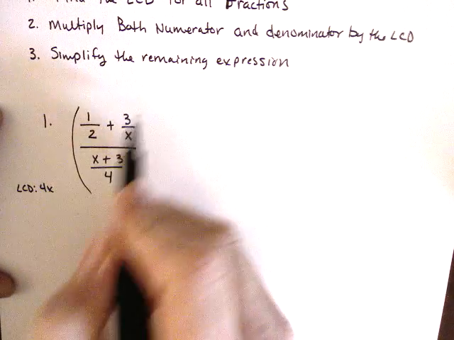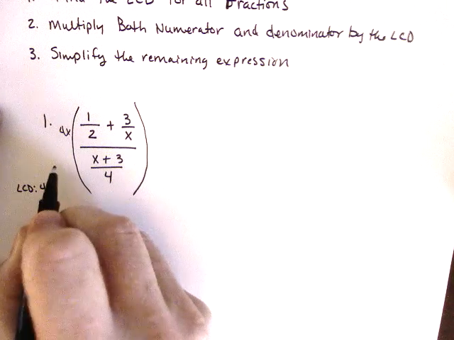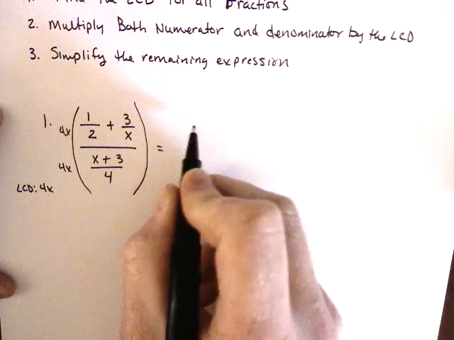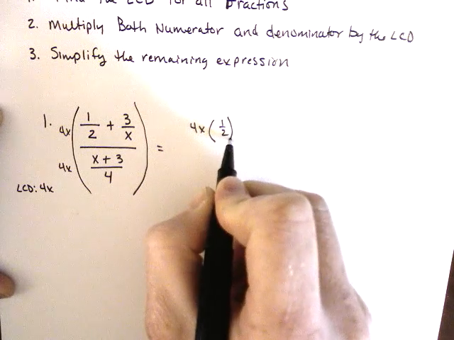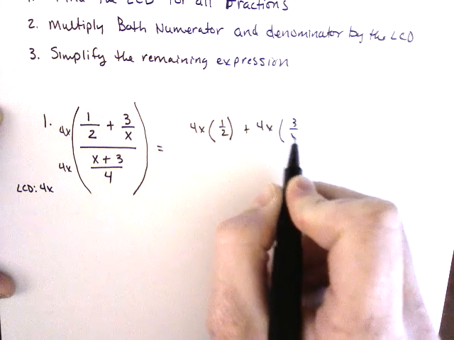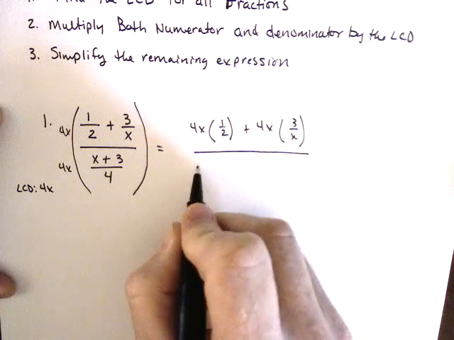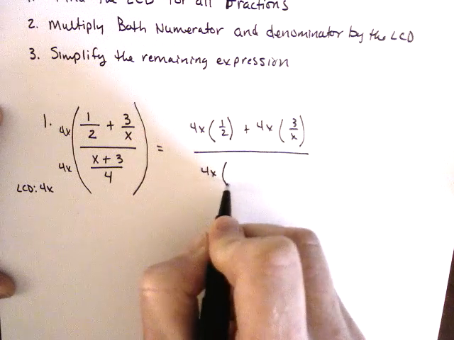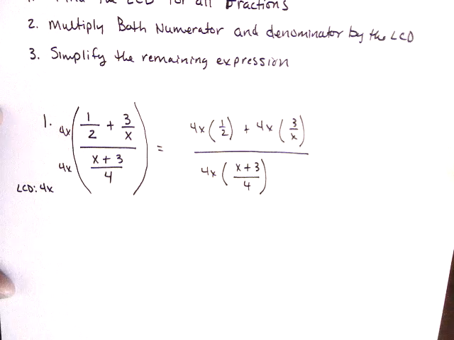So what that's going to look like is this. 4x times 1/2 plus 4x times 3 over x divided by 4x times x plus 3 over 4.